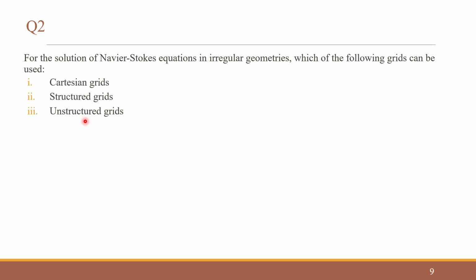And second one, it is structured mesh. Structured grid, we can get it from irregular geometries as well, provided we know the concept of meshing very well. Like when you do meshing, there are various tools available. One is like in ANSYS itself, you have ANSYS meshing and ICEM meshing as well.